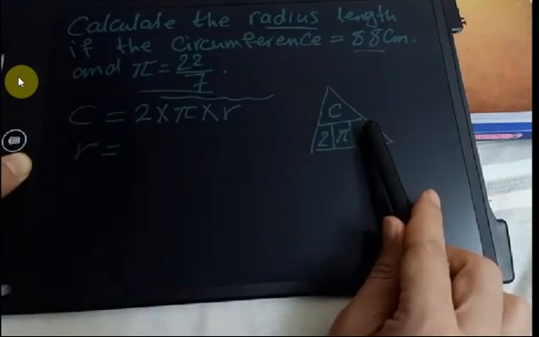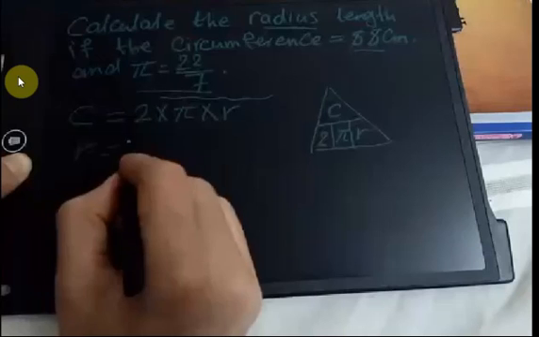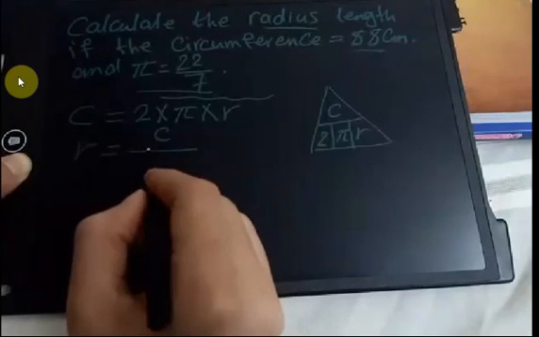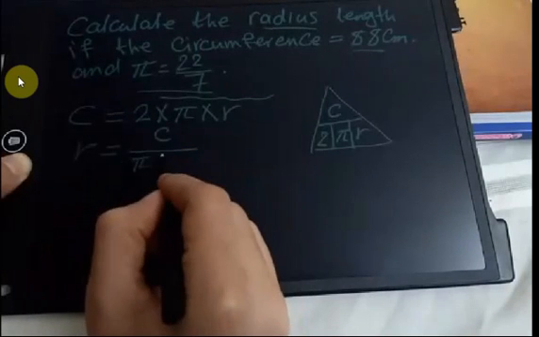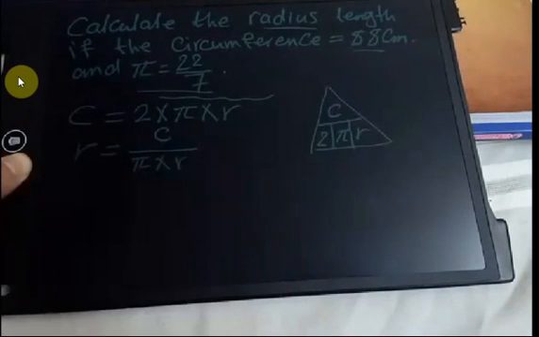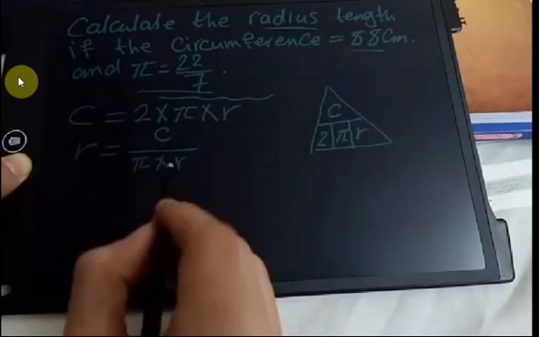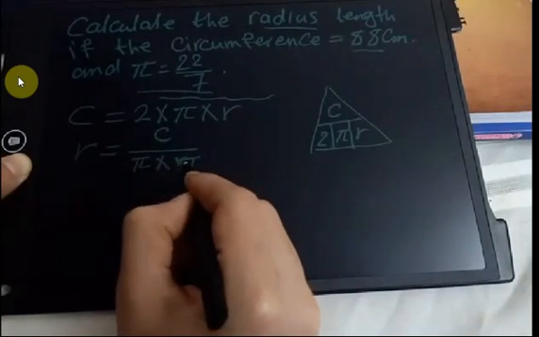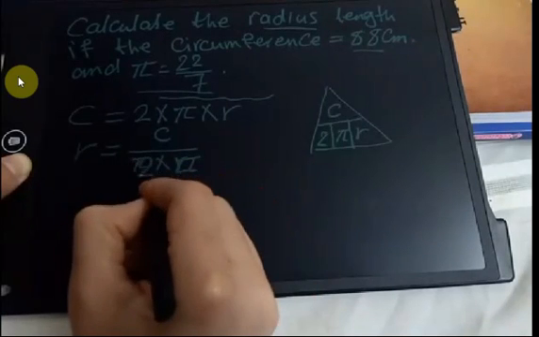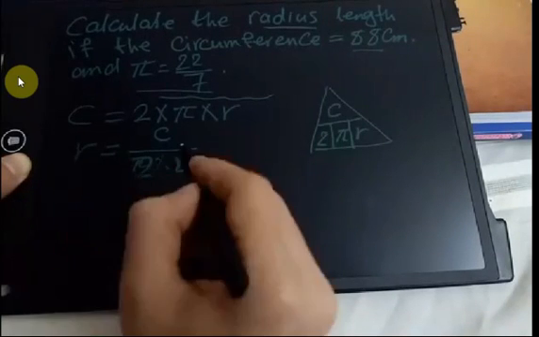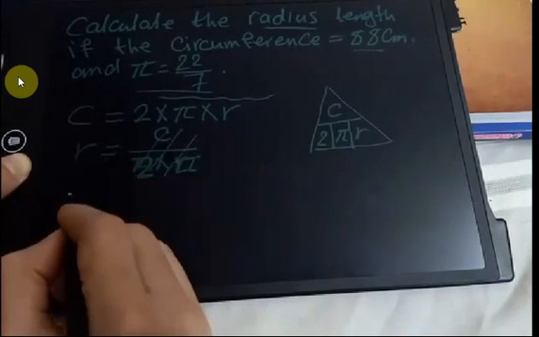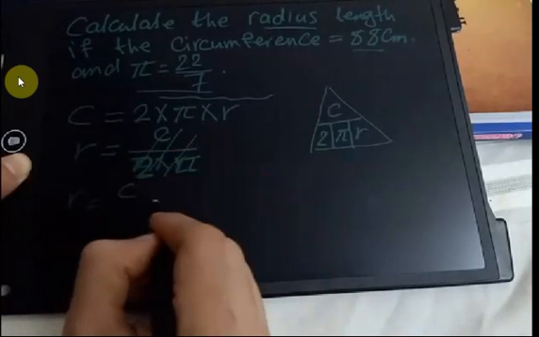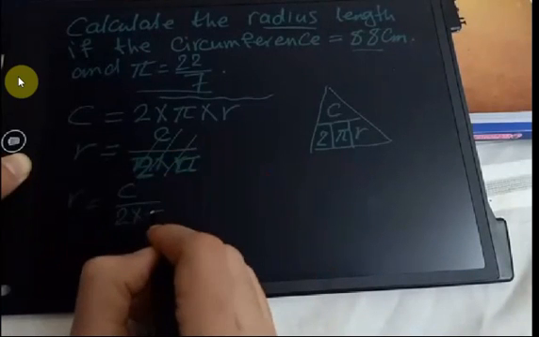C over 2 times pi. So when you don't know the rule of it, you can make the triangles and get it from it. I'm sorry, I wrote it wrong. R equals C over 2 times pi.